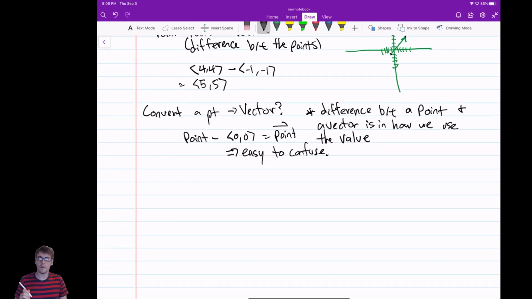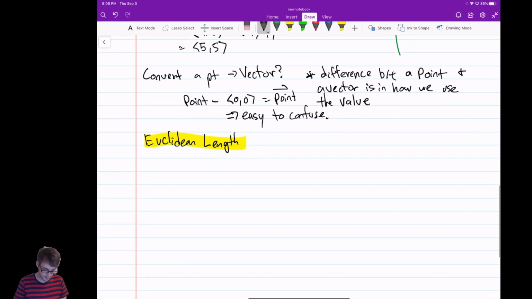Okay, so another operation I'd like to talk about is Euclidean length. Now this should be old news to everybody. It's high school math. Euclidean length of a vector is just like triangle math, right? It's just the length of the hypotenuse of a triangle. This is also known as the L2 norm, if you're more mathy, or just a norm of some vector v. We also use this notation.